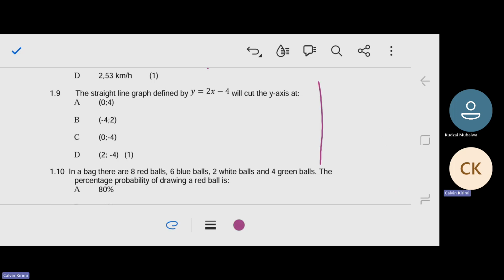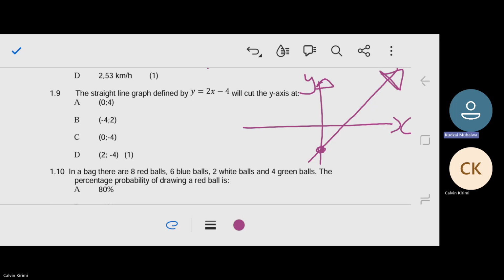You already know the shape of the graph, that it is going upwards because it's positive. Where is it going to cut the y? Isn't it supposed to go down because our C is a negative?